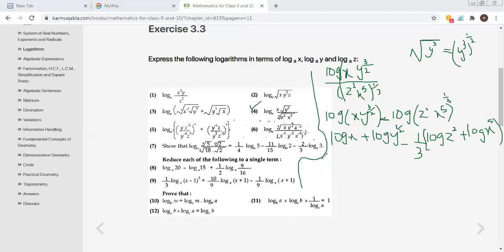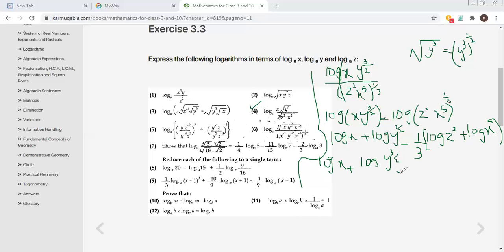And now it becomes log of x plus, it will be written as it is, okay? log y 3 upon 2.